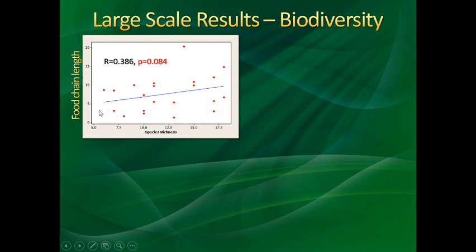I didn't really find that much here. So it really didn't matter if we had a bunch more species. It didn't really increase the food chain length.